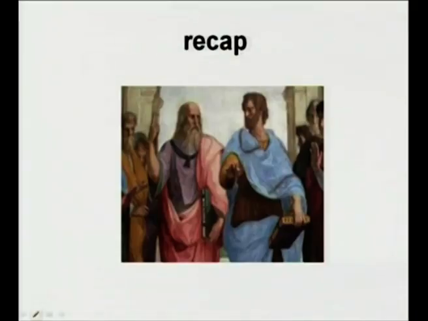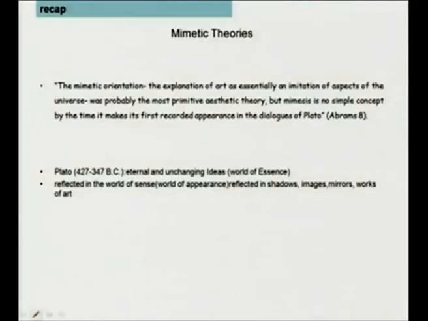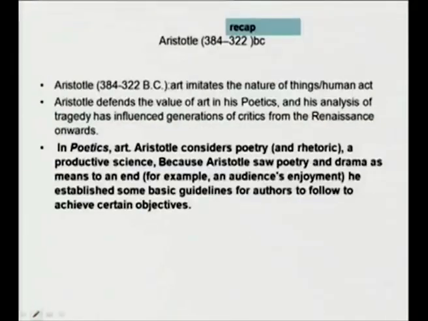And in his theory of ideas, he started the way the mimetic theories came into being. The mimetic orientation was essentially an imitation of aspects of the universe, probably the most primitive aesthetic theory as well as poetic theory, but mimesis is no simple concept by the time it makes its first recorded appearance in the dialogues of Plato.